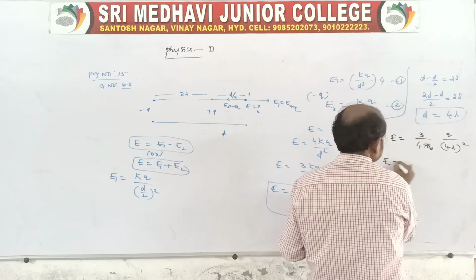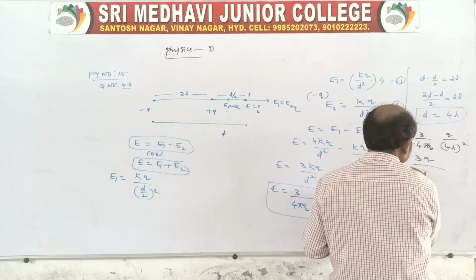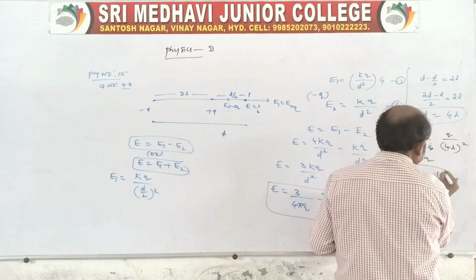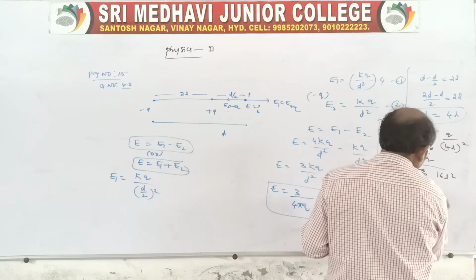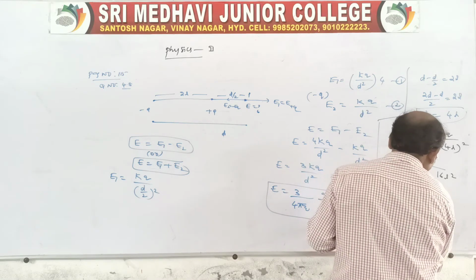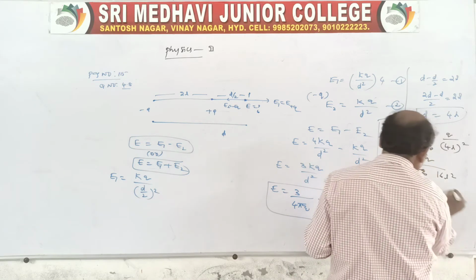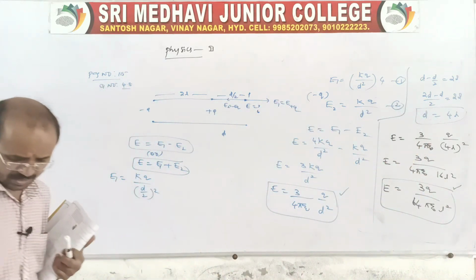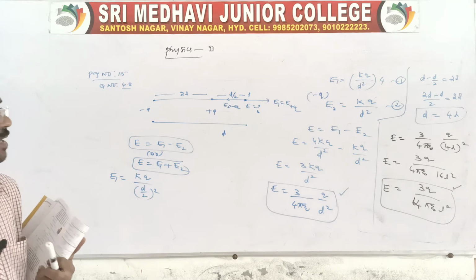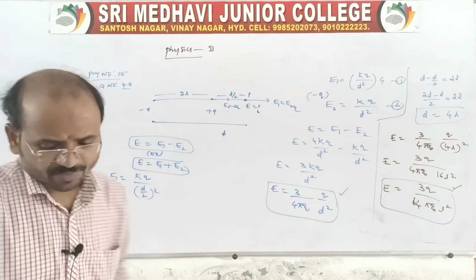So E is equal to 3q by 4 pi epsilon naught 16l square. 4 into 16, 64. So 64 pi epsilon naught l square. This is the final.